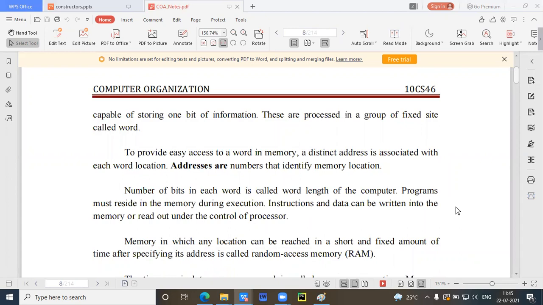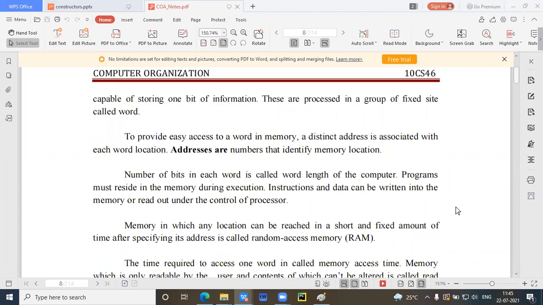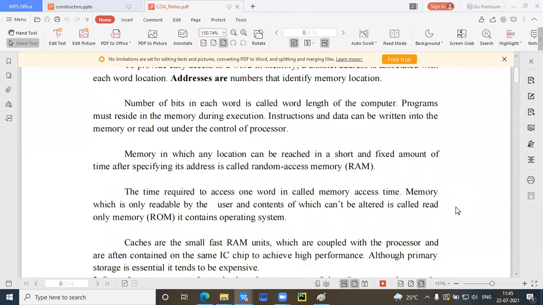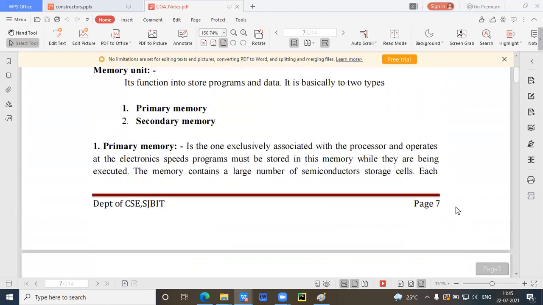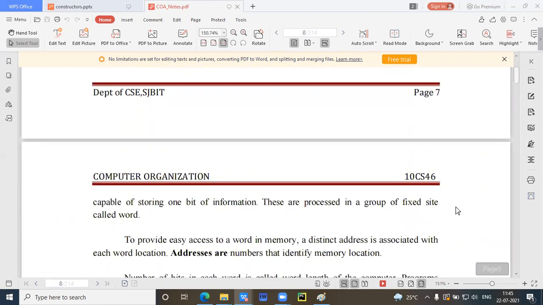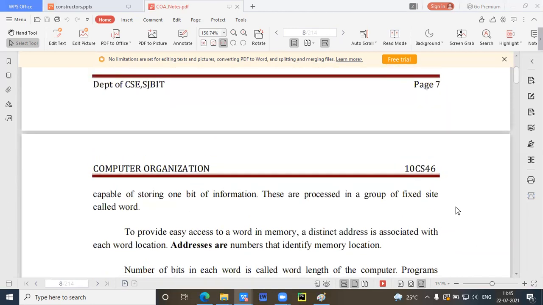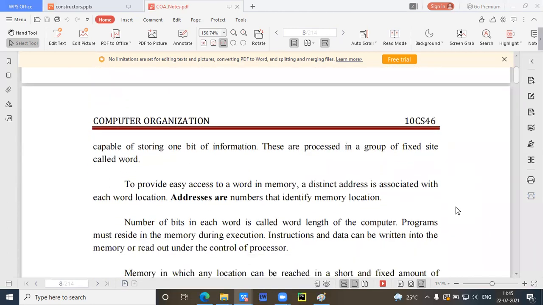These are processed in a group of fixed size called a word. While seeing about primary memory and secondary memory, the data in the secondary memory will not be destroyed because it is stored in the semiconductor cells, right? But in RAM the data will be destroyed after you shut down the system.